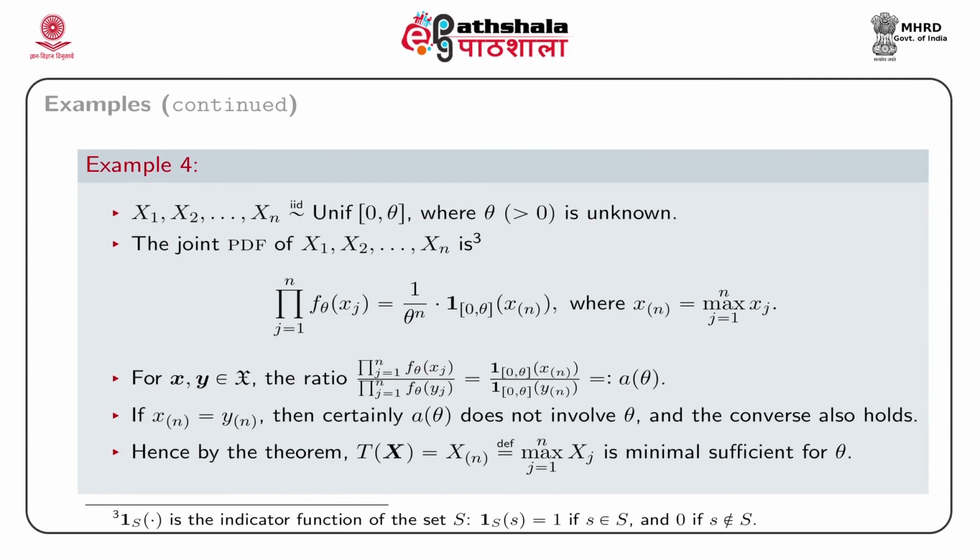Clearly, a(theta) will depend upon the value of theta whenever x_(n) not equals y_(n). We assert that the term a(theta) becomes free from theta if and only if x_(n) equals y_(n). Hence, by the theorem we claim that capital T equals x_(n), which is the largest order statistic, is minimal sufficient for theta.